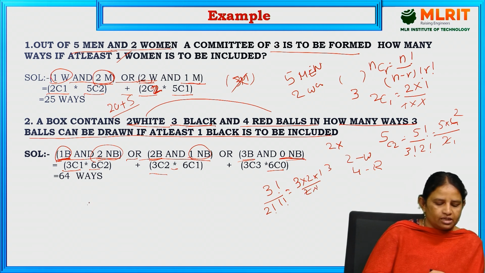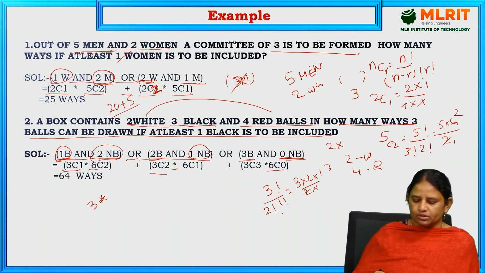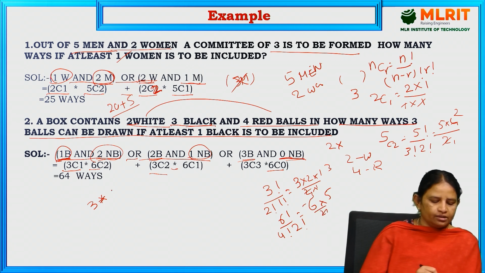For the first one, 3 into 6C2. That means 6 factorial by 4 factorial into 2 factorial. So 6 into 5 divided by 2 will get 15. 3 into 15 is 45.